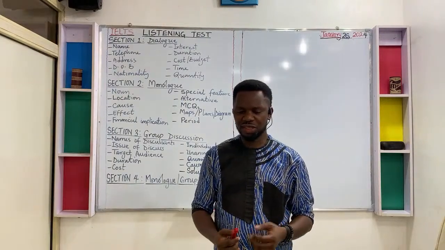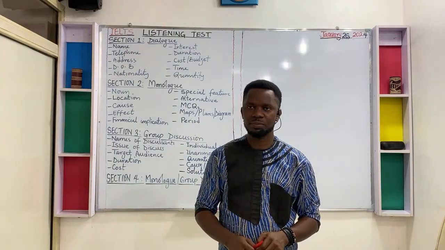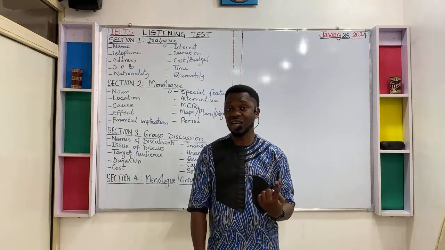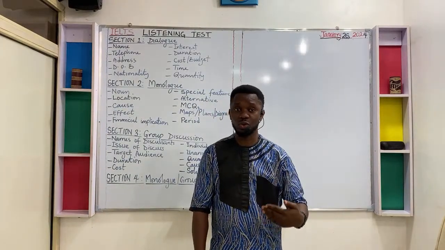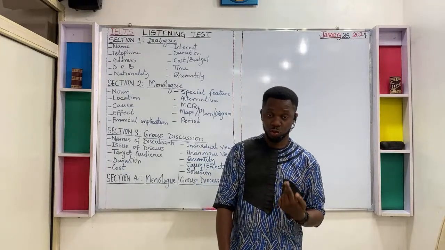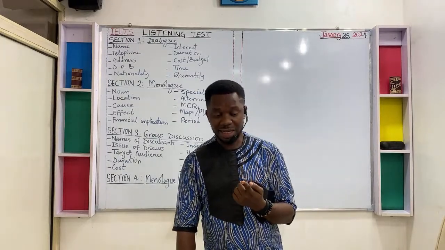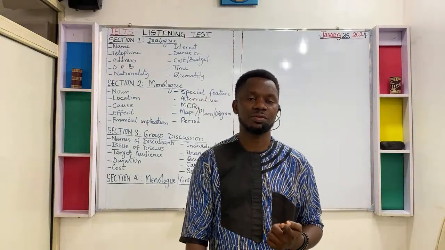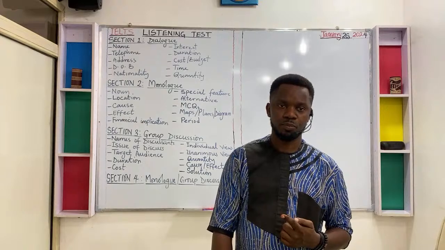So when you read the instruction and it says no more than 3 words and or a number, don't go writing 3 words all through under that section. Doing that might end up shooting yourself right in the foot. Right?